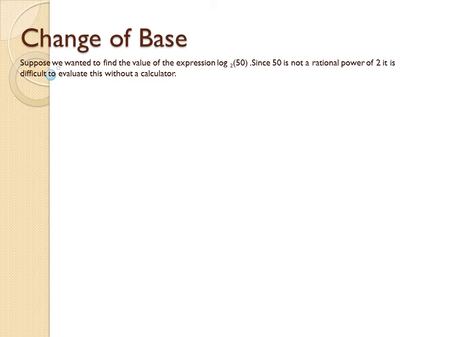If I put 2 to the power 8, that means 2, 4, 8, 16, 32, 64, 128, 256, but I am not getting the power 50 in this example. So 50 is not a rational power of 2, so it is difficult to evaluate this without a calculator.